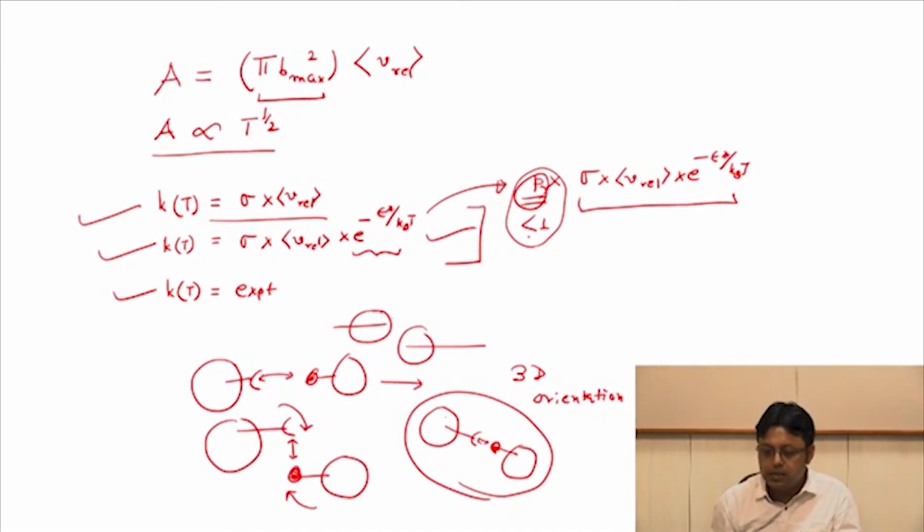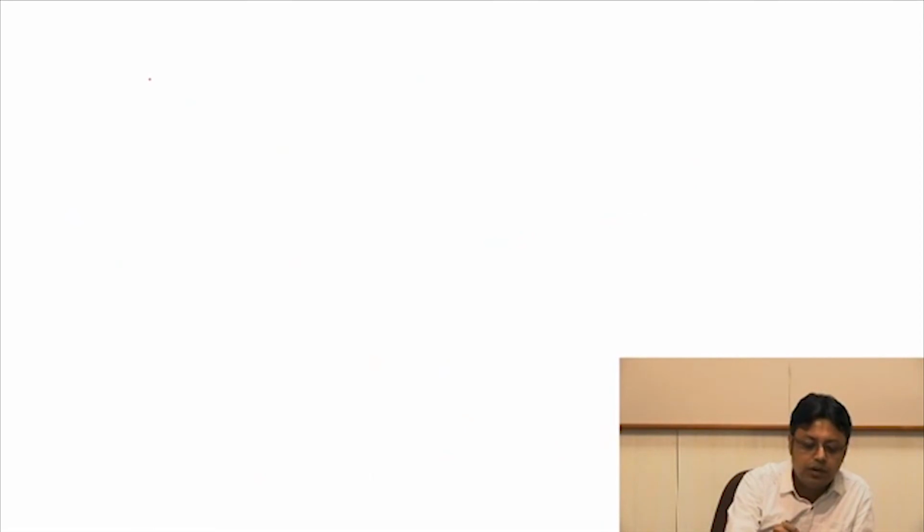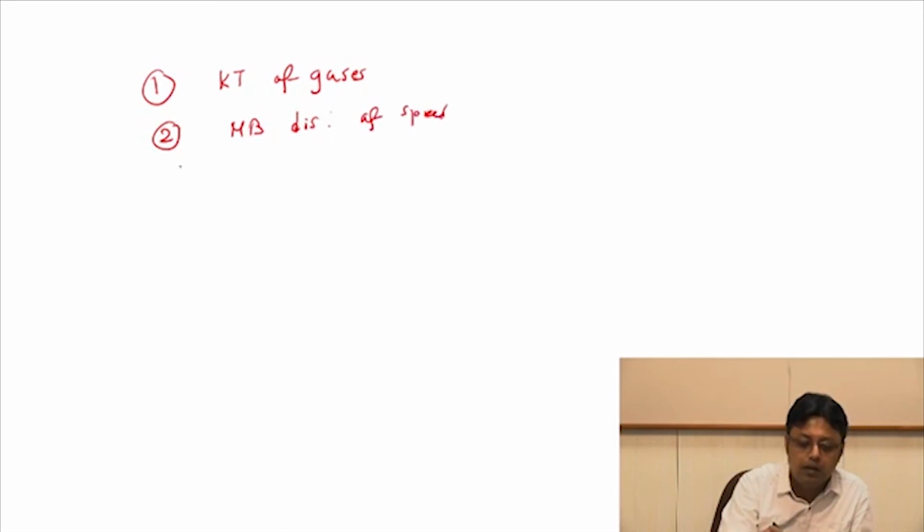To summarize, in this lecture we first talked about the kinetic theory of gases. Then we talked in detail about the Maxwell-Boltzmann distribution of molecular speed, and then we used it to give the expression for the rate constant by collision theory.